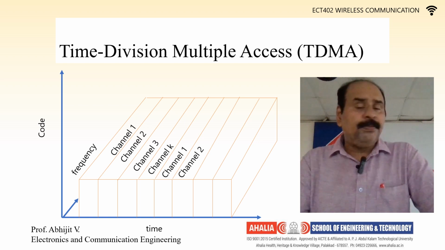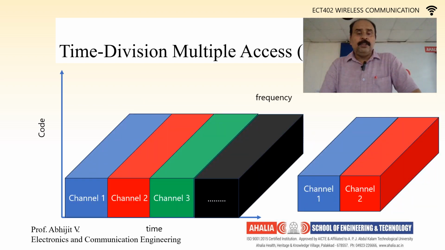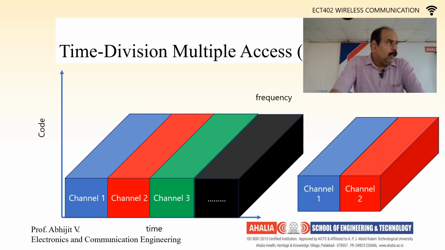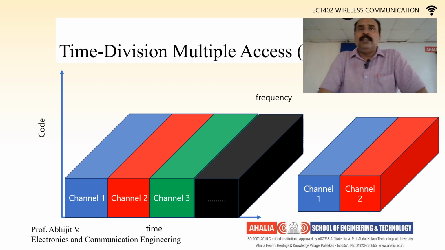In the same system, let us imagine that user 1 is allocated a time slot. Let user 1 be given one particular color. I've given it here as blue, user 2 red, user 3 green, and then you have multiple users coming up, and again after a particular time period user 1 is allocated his time slot, then user 2, like this.